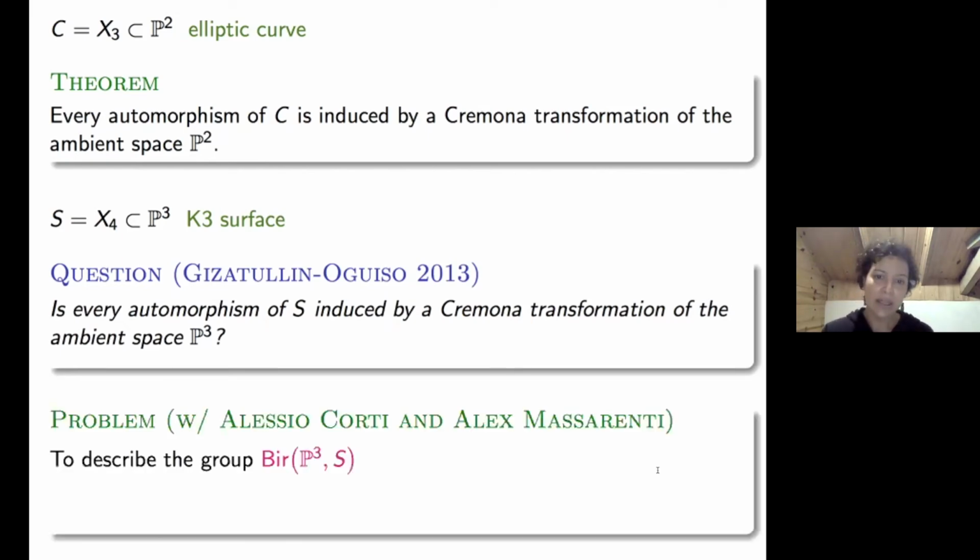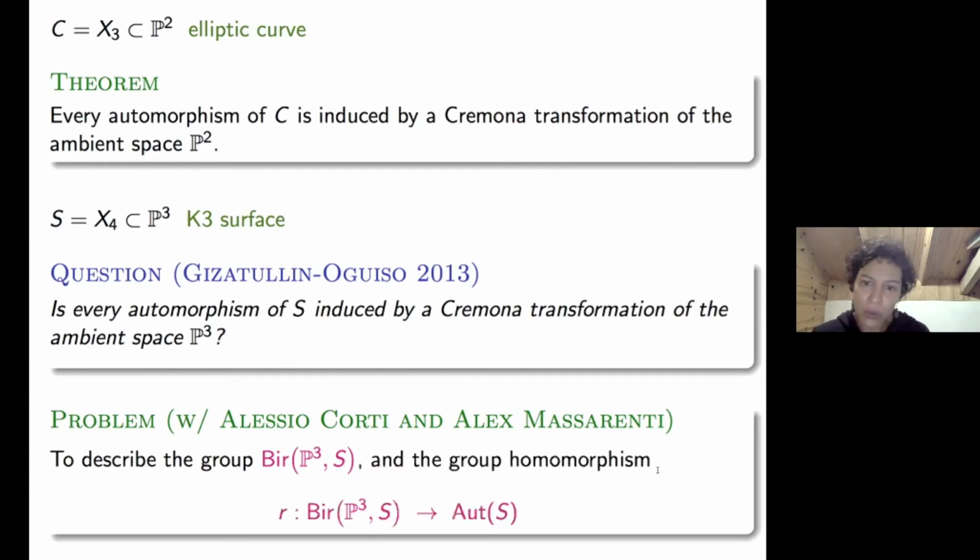This is part of an ongoing project with Alessio Corti and Alex Massarenti, which is to describe the group of birational transformations of P3 that stabilize a K3 surface S, and also the group homomorphism from this group to the automorphism group of S.